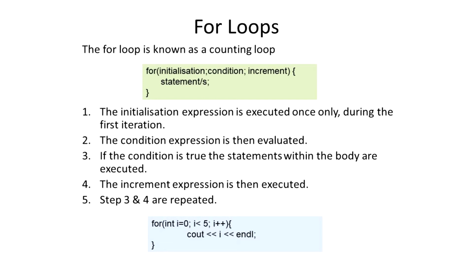And then we set up the condition where we specify how many times we want to repeat. So if we started i at 0 and we wanted to repeat this loop 5 times, then we'd say whilst i is less than 5, and then semicolon again, because then what we're going to do is increase the value of i upon finishing every iteration of the loop.